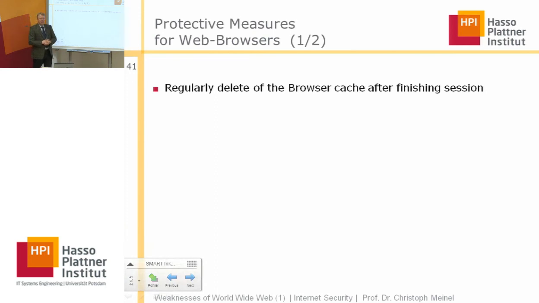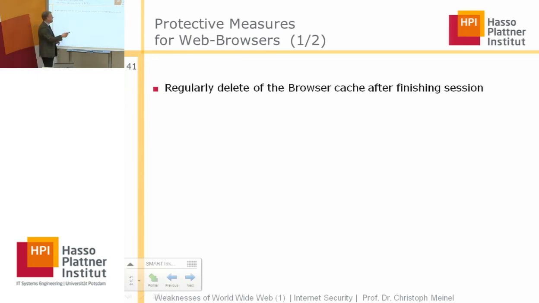Let's finish this lecture with a few remarks about protective measures for the web browser. In the next lecture, we want to speak about the web server and attacking web servers, and then we have to speak about how to protect web servers. But now we have to say a few words about protective measures for web browsers.